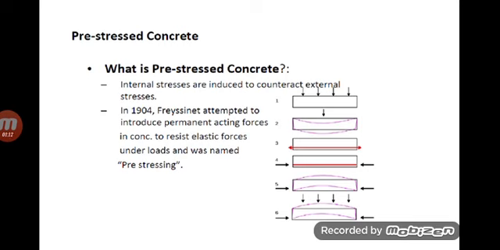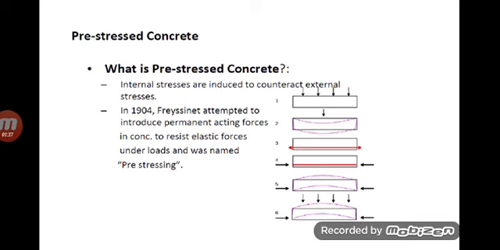For example, in a normal RC beam there will be a bending stress, right? See figure 1. If we apply dead load and live loads on the top in downward direction, see figure 2, the beam will bend like this. Then see figures 3 and 4.